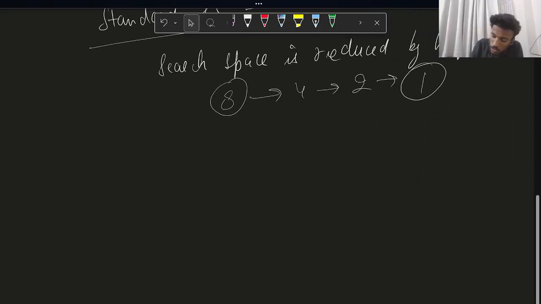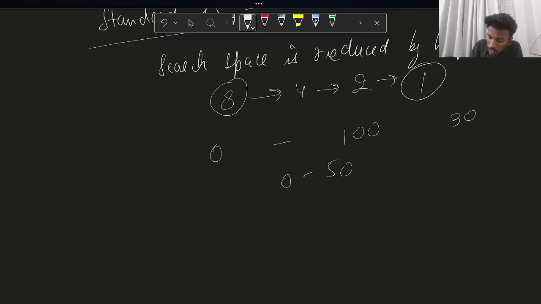Suppose your range was 0 to 100, and your answer was 30. First it becomes 0 to 50 in one iteration. In the second iteration, it becomes 25 to 50. In the third iteration, it becomes somewhere like 27 to 30.